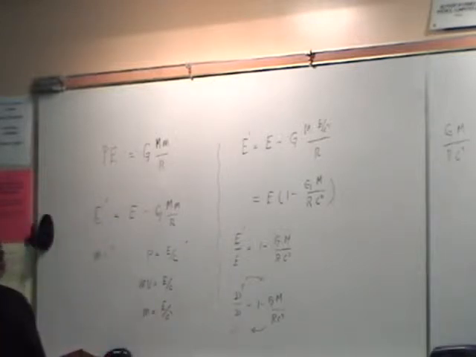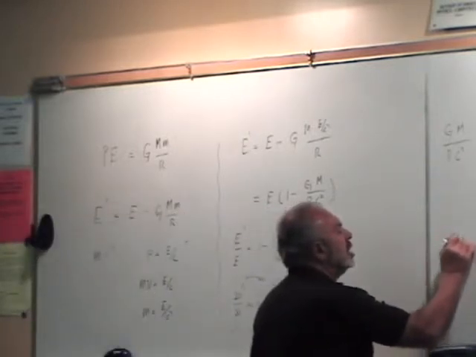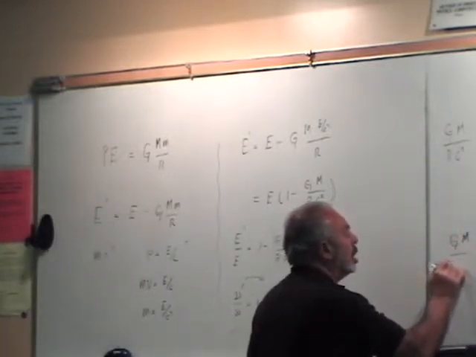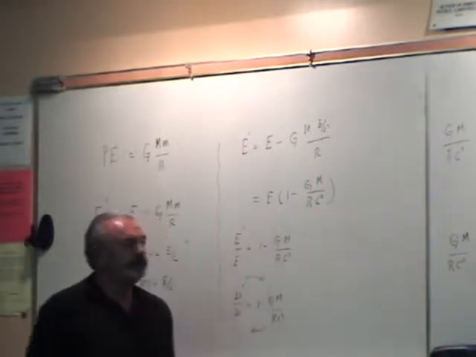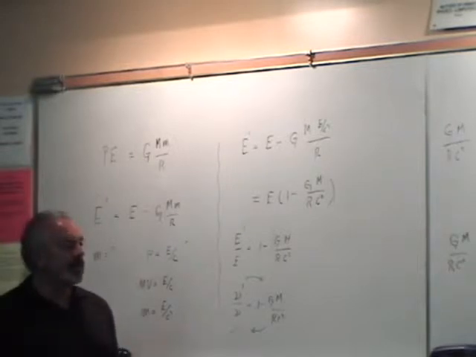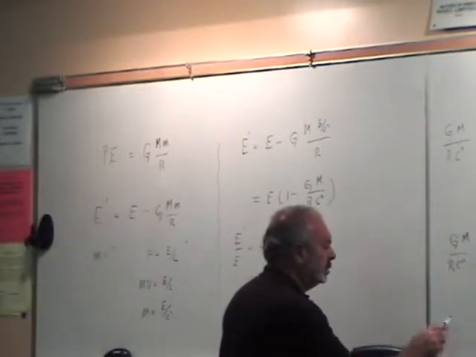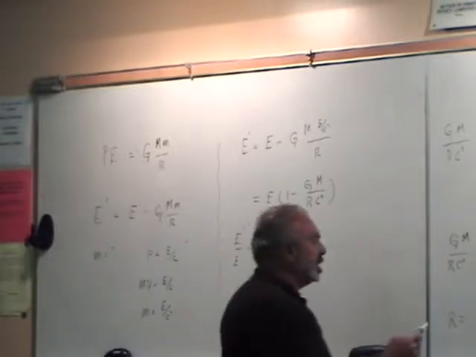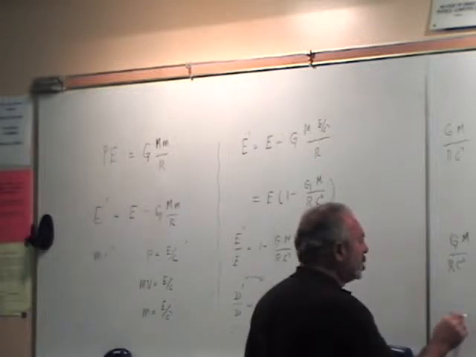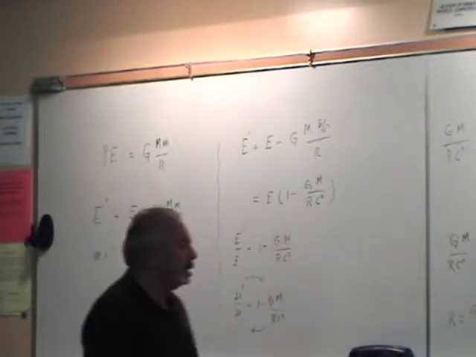Well, in that case, of course, you get that G M over R C squared equals 1. Perfect. That's really nice. We can now calculate R. At what radius will this thing become a black hole? It is simply G M over C squared.